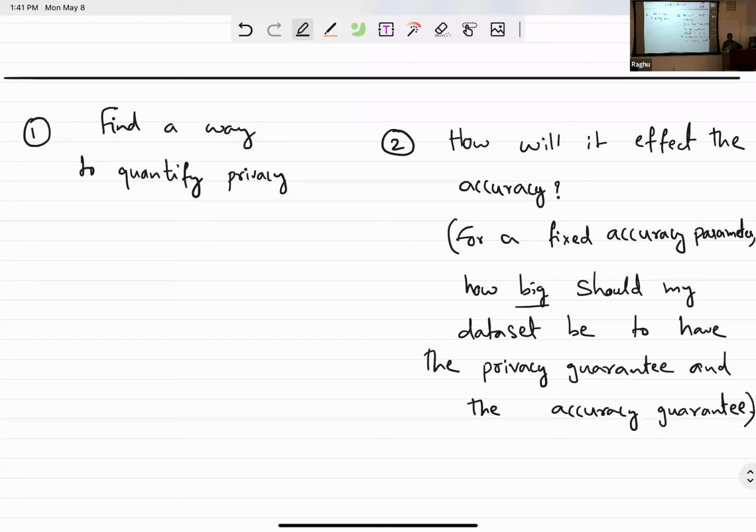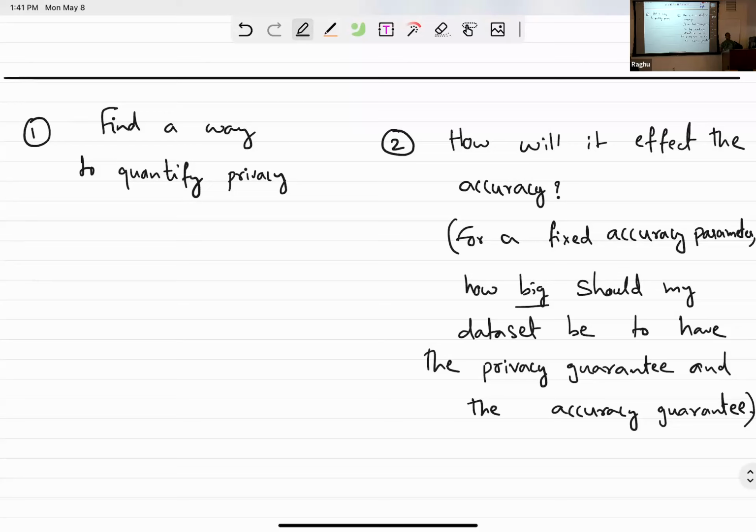Both of these are the same. If you know how it will affect the accuracy, then you can reverse engineer and find out, okay, if I'm allowing myself an accuracy loss of 0.1 and my desired privacy, quantified in some way, is something, how big should the data set be?